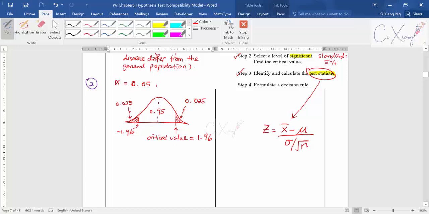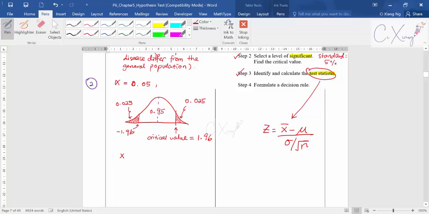Okay, all right. So now I want to calculate the test statistic. Okay, so to calculate the test statistic, I need sample mean. But before that, when I look at my data, I don't have sample mean yet. So you need to calculate sample mean on your own first.